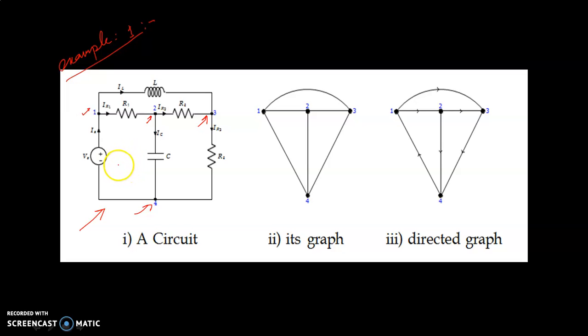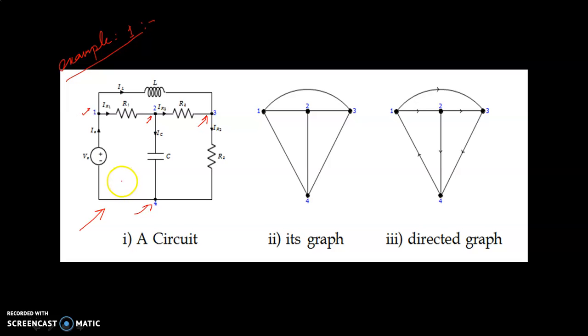Please mark in the given circuit diagram or network, you have been given the position of nodes. It is clearly specified where is the node number 1, where is the node number 2, 3, 4 likewise, and it is also given the direction of the circuit. It means from where to where current is flowing in the circuit.